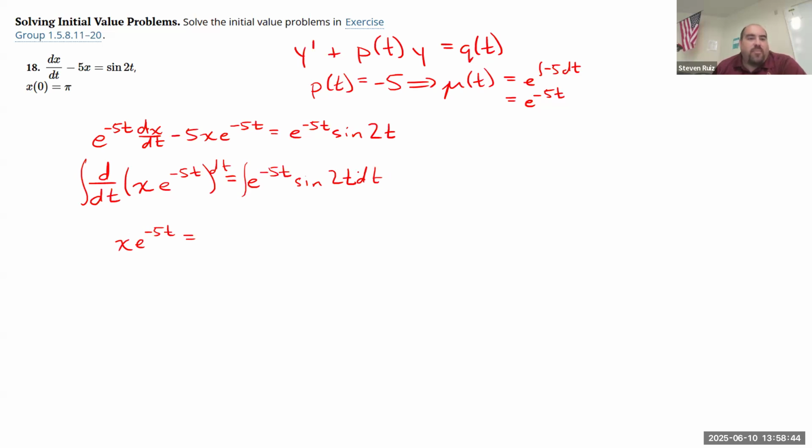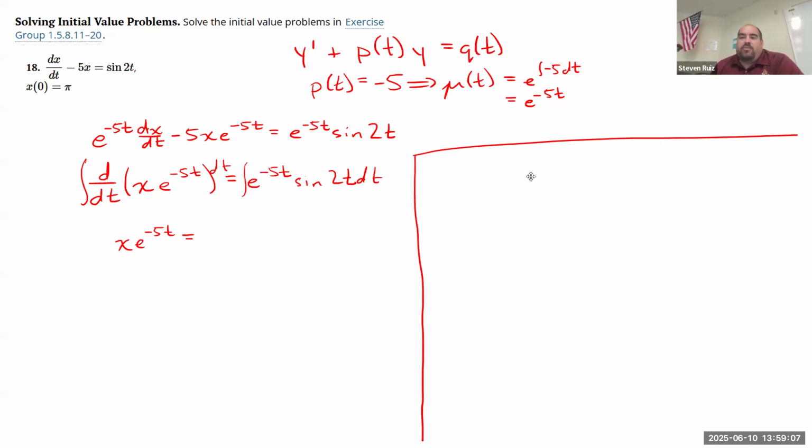this is going to be a little more complicated. So on the right, how are we going to have to deal with this? We have two functions multiplied by each other. That typically lends itself to integration by parts.